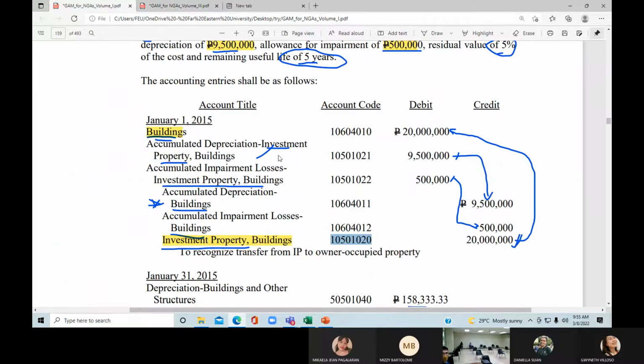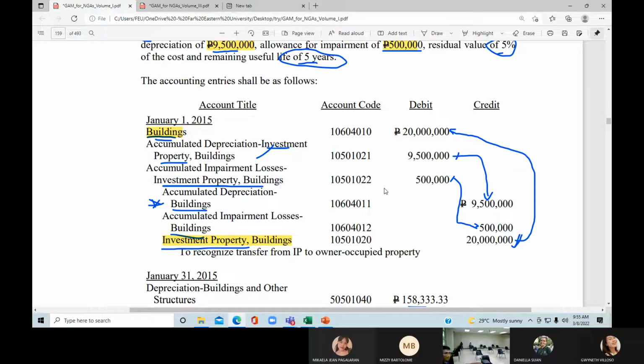Okay? Siyempre, yung mga allowance accounts o yung mga contra accounts niya, ilipat mo rin. So, dito sa investment property, ang contra accounts is ito, accumulated depreciation, investment property, and accumulated impairment losses, investment property. Lipat mo rin sila sa accumulated depreciation PPE. Okay. So, transfer lang talaga yung ginawa.